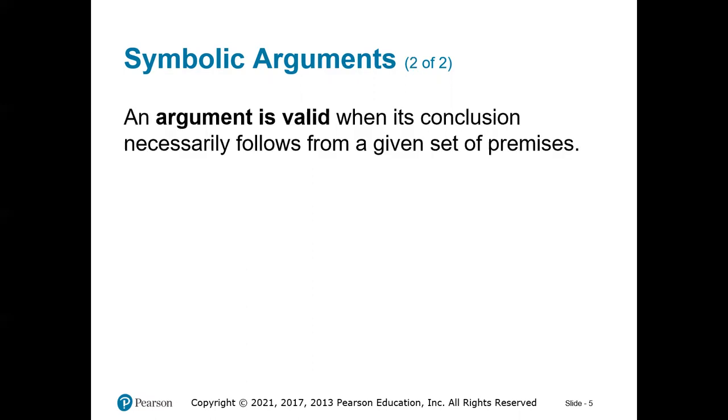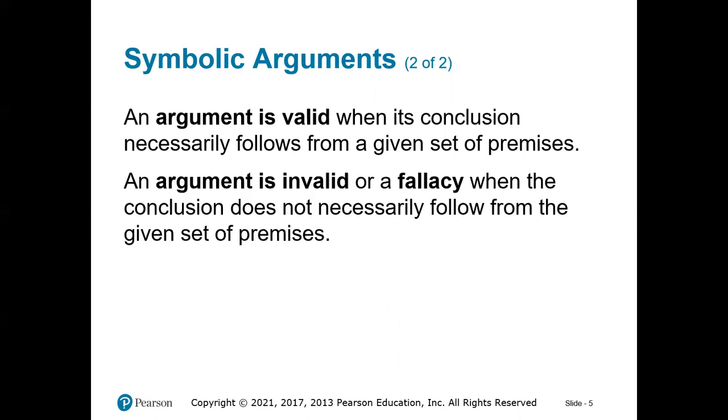Like I just said, an argument is valid when its conclusion necessarily follows from a given set of premises. A premise is a statement that is true. If not, we say the argument is invalid, or it's a fallacy. I know this is confusing, but don't worry. Once we know how to symbolically represent things, the rest is just a matter of truth tables.